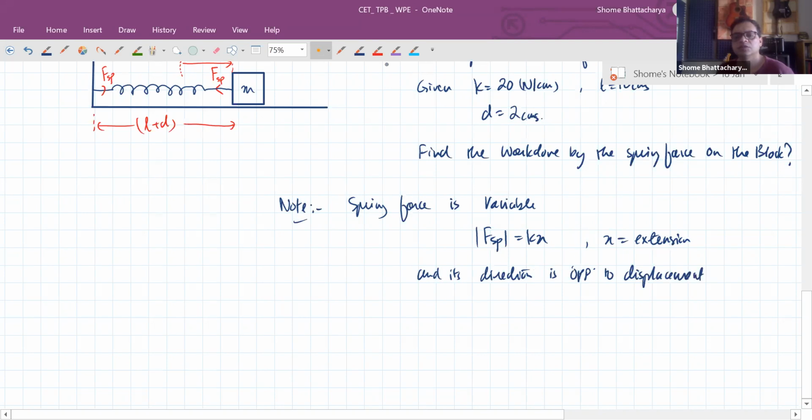So you can see that this is a variable magnitude. So we will use the integration method.